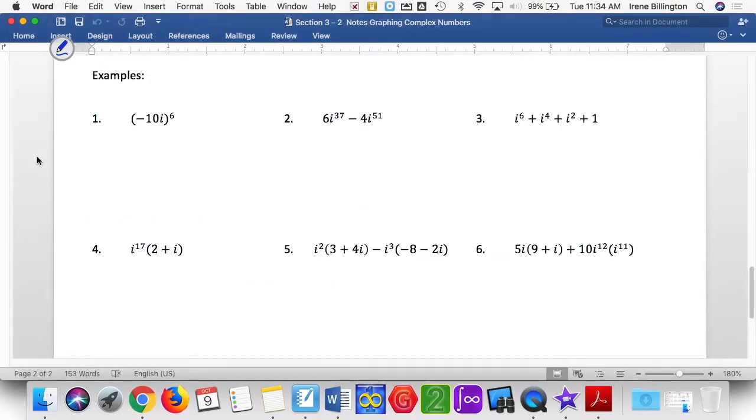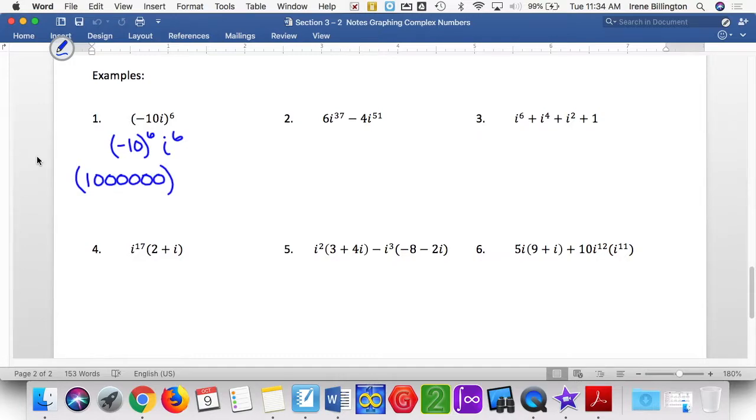All right, so for our first example, we are taking -10i to the 6th power, which means I am taking -10 to the 6th power, and I'm taking i to the 6th power. -10 to the 6th power is 1 million. What is i to the 6th equal to?